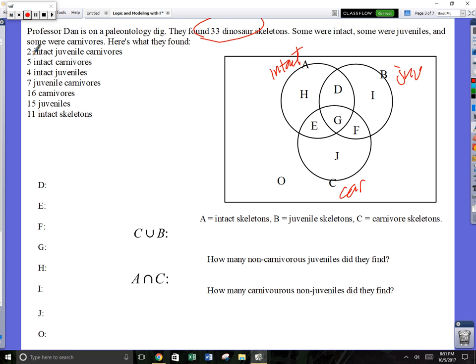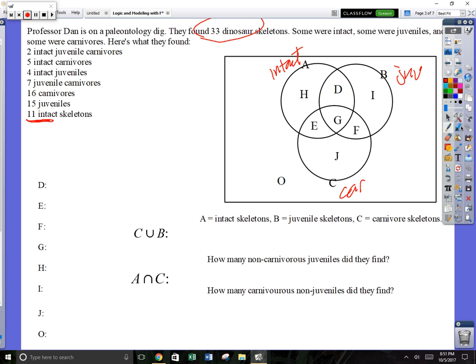Okay, so this one's kind of different, so it's backwards. So the totals are given down here. I've got 11 total in set A. So H plus D plus G plus E has got to be 11. So it's kind of flip-flopped from the lunch. So if we start at the top here, 2 intact juvenile carnivores.